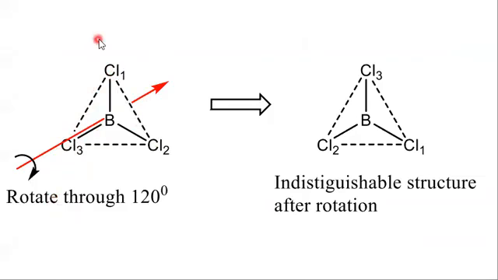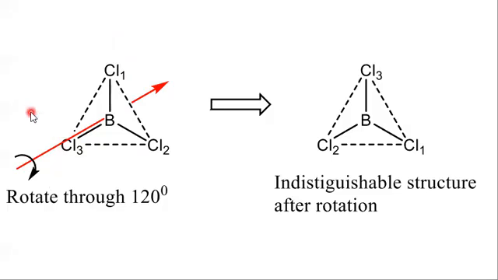Earlier we rotated about an axis in the plane; now we rotate perpendicular to the plane of the boron trichloride, about this red arrow, through 120 degrees, again clockwise.